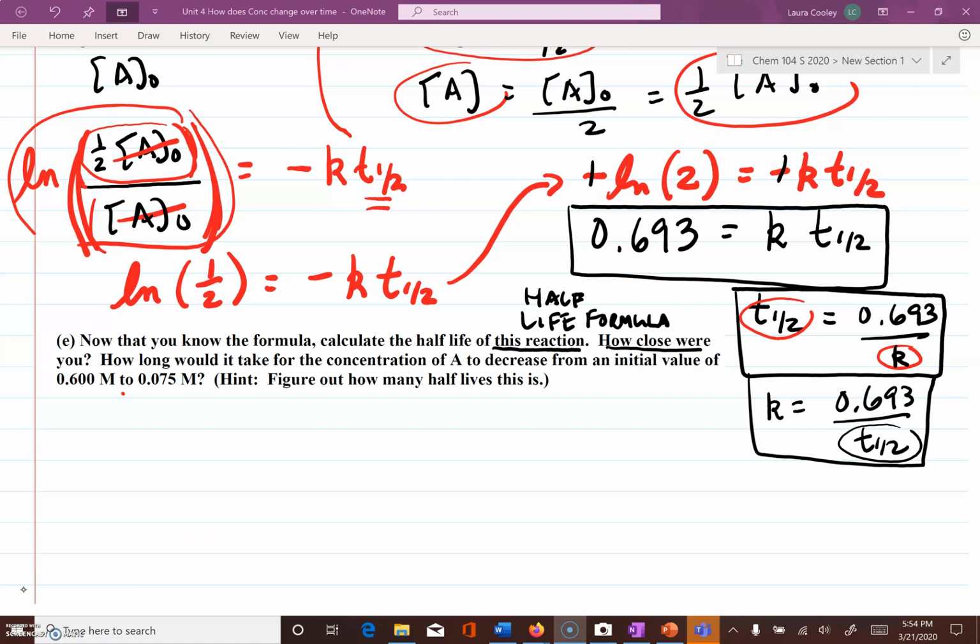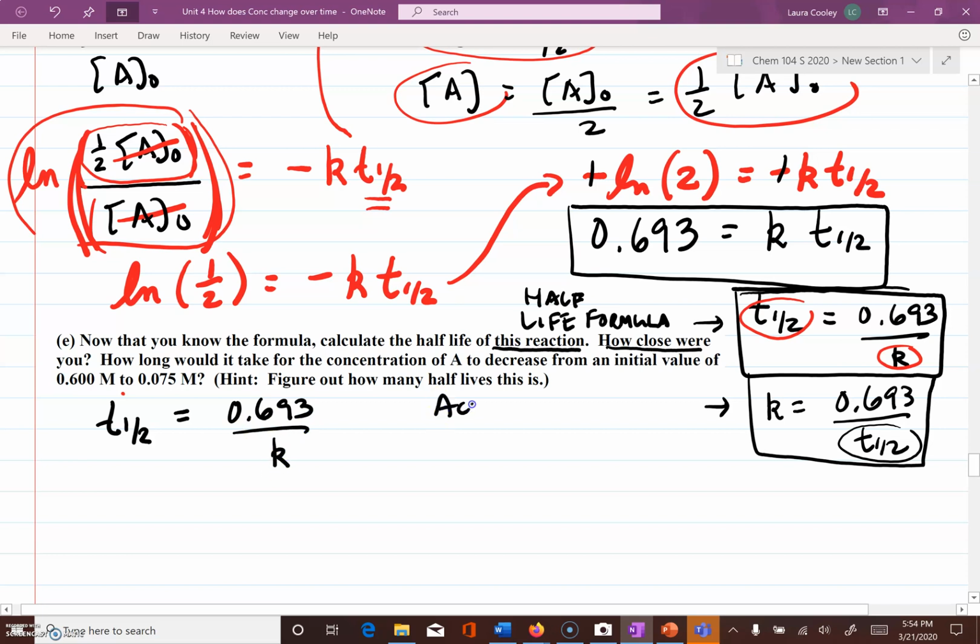So we have this formula, the half-life formula, which you could write in either of these two different ways that I point out here. We need to calculate the half-life for this reaction. So we're going to use that formula, T1 half is 0.693 over the K. Remembering this is activity 6 that we started on a while back, the K is 0.0320 inverse seconds.